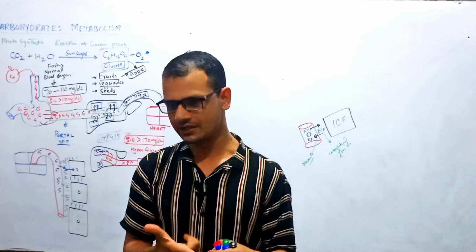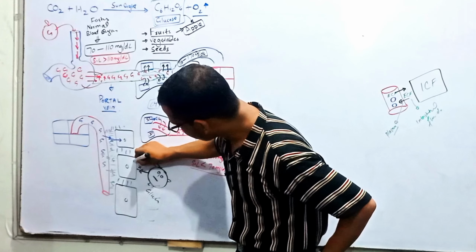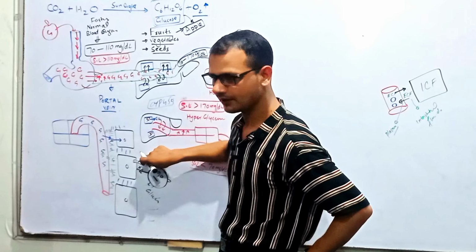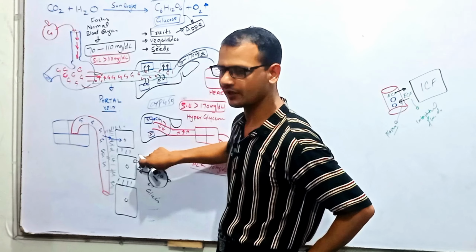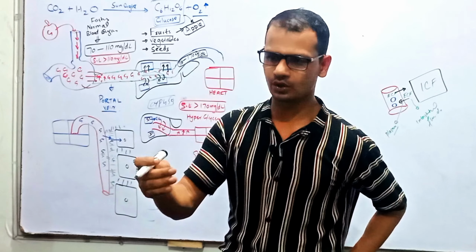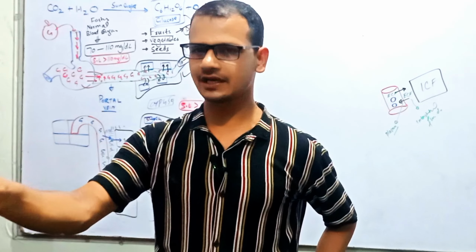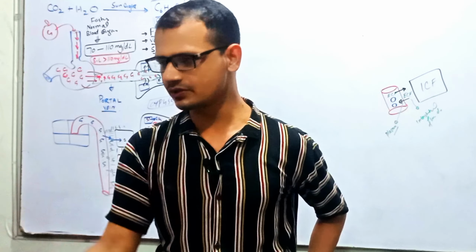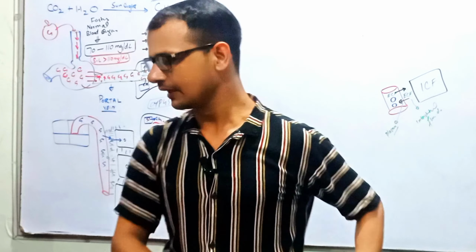According to your book, inside the cell the glucose concentration will be less than 100, right? So it will need a very well-defined transport system. Now we will go to the transport system of glucose, by which cells take glucose from the extracellular fluids into the cell, right?